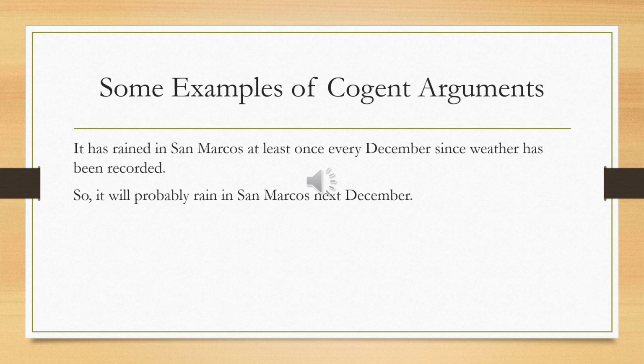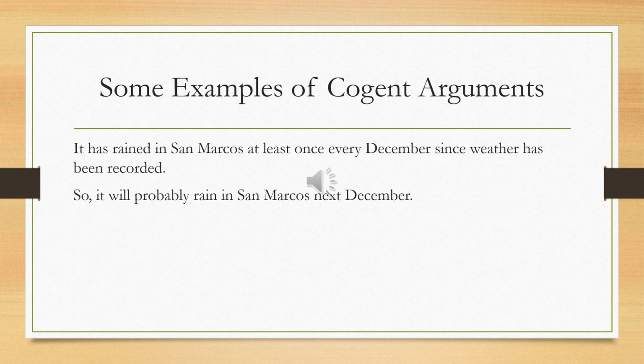We would have to go to a weather bureau, for example, and look at every December since they keep their records and determine, is that statement actually true or not? This is quite a bit of work. And I think what you're starting to understand is assessing cogency is a lot more work than assessing strength, because you actually have to gather the facts.